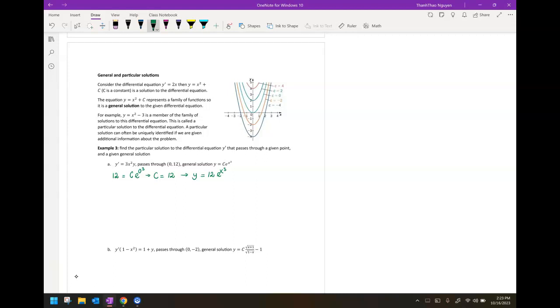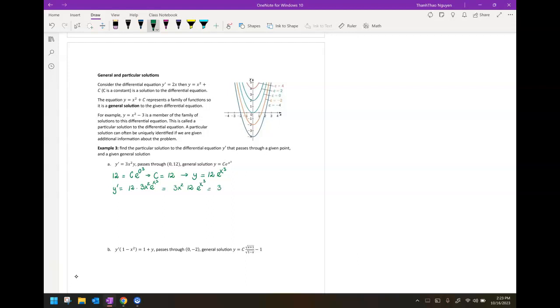Let's verify that is indeed the case. So then y prime is really equal 12 times 3x squared times e to the x to the third. So this equal to 3x squared times 12 e to the x to the third.